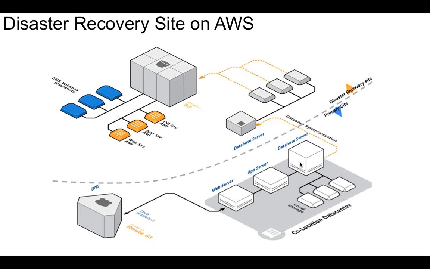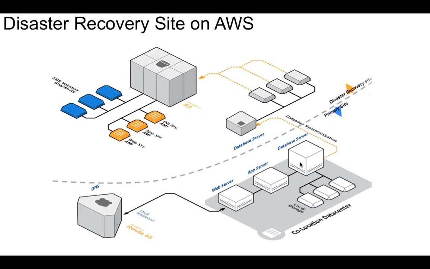And if you see on the AWS to your left, there is just a small database server which is handling database synchronization or replication traffic. There are several ways that you can configure this replication. And there are freeze-dried copies of your EC2 instances. That means these are images that have the code and all the binaries that you need whenever you need to start your application on AWS.